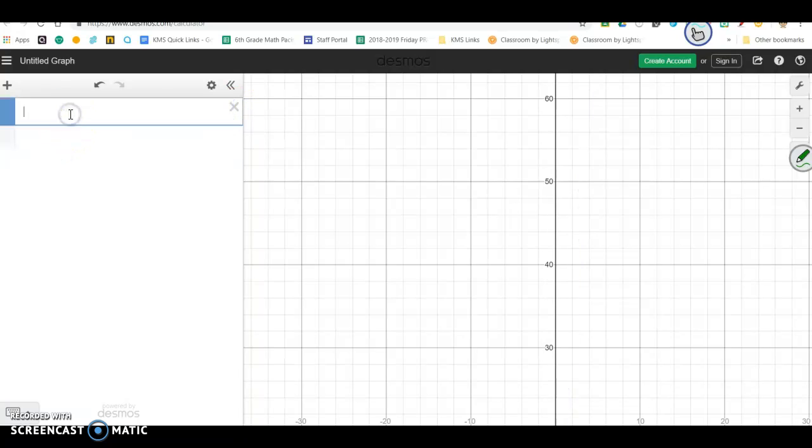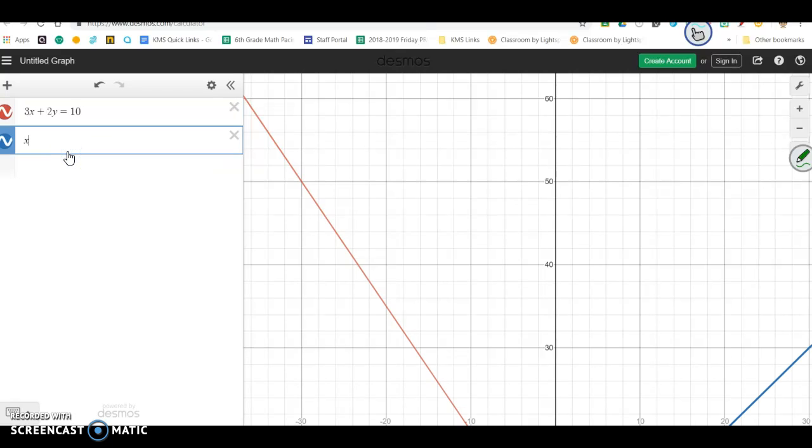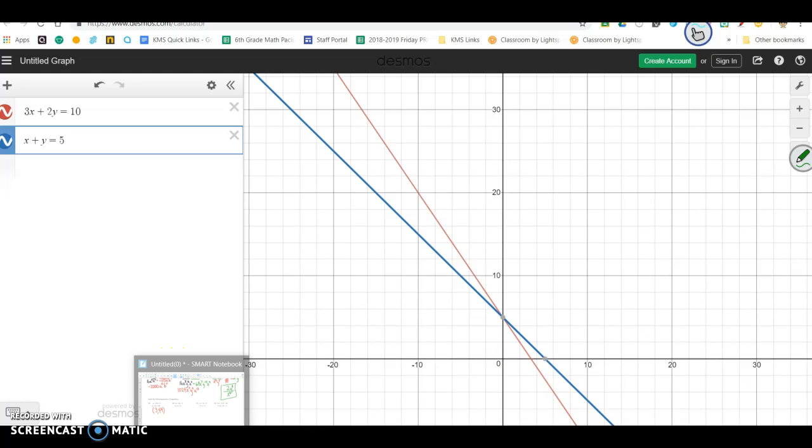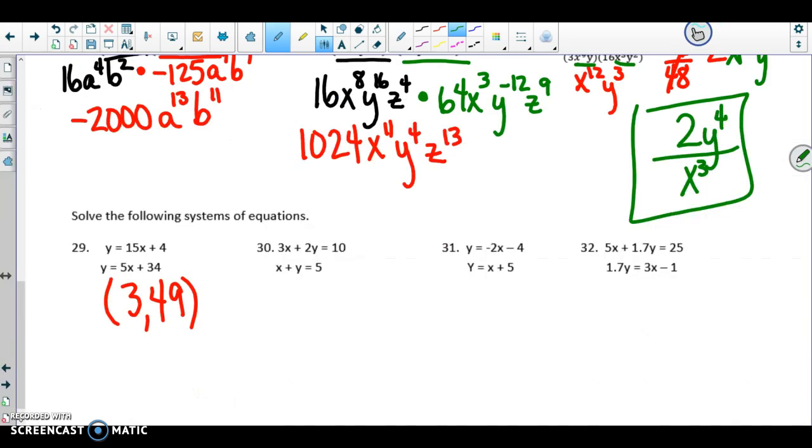So the first one is 3x plus 2y equals 10, and then x plus y equals 5. And looks like we need to adjust. Looks like it meets right there on the y-axis, so 0, 5 for this one.